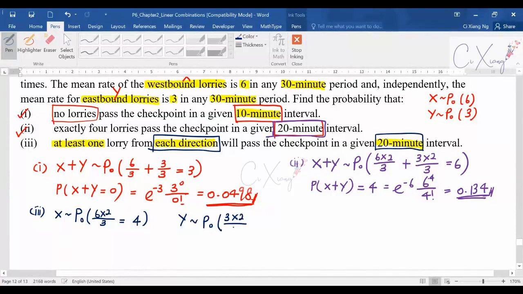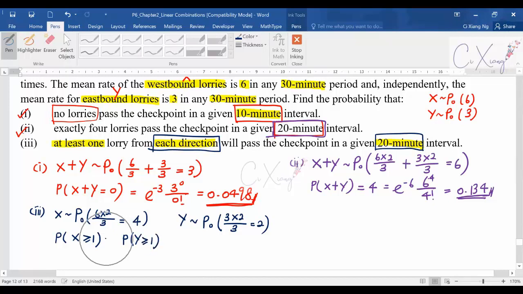So 3 times 2 divided by 3, and therefore you get 2. Now you need to calculate them separately. First, they want at least one lorry, so x greater than or equal to 1, and y greater than or equal to 1.